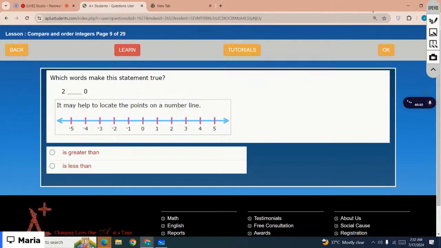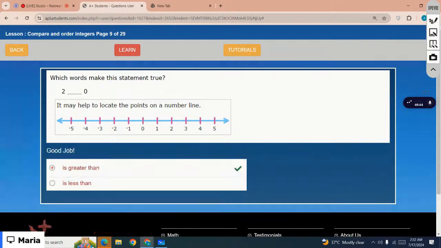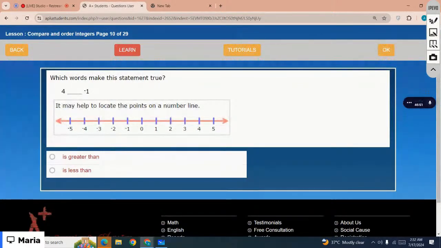Yes, 2 is greater than 0. The correct option is greater. Yes, 4 is greater than -1. Okay, you can complete the lesson by yourself later today.